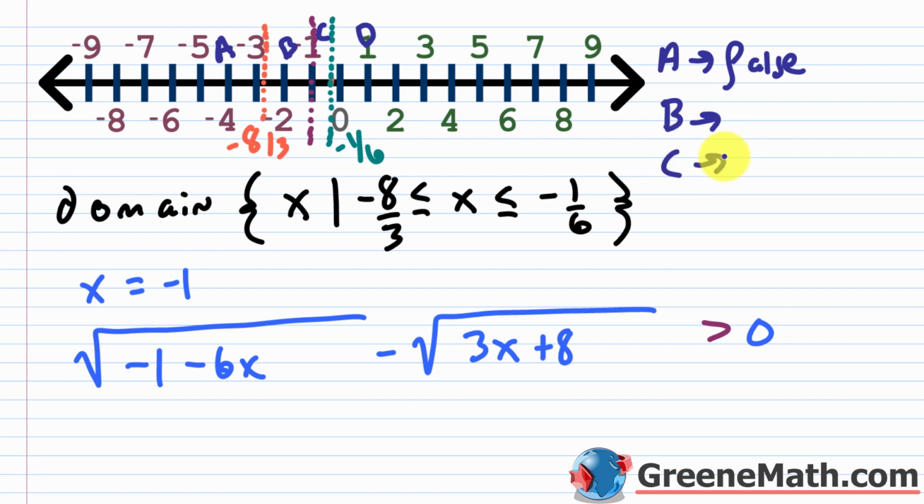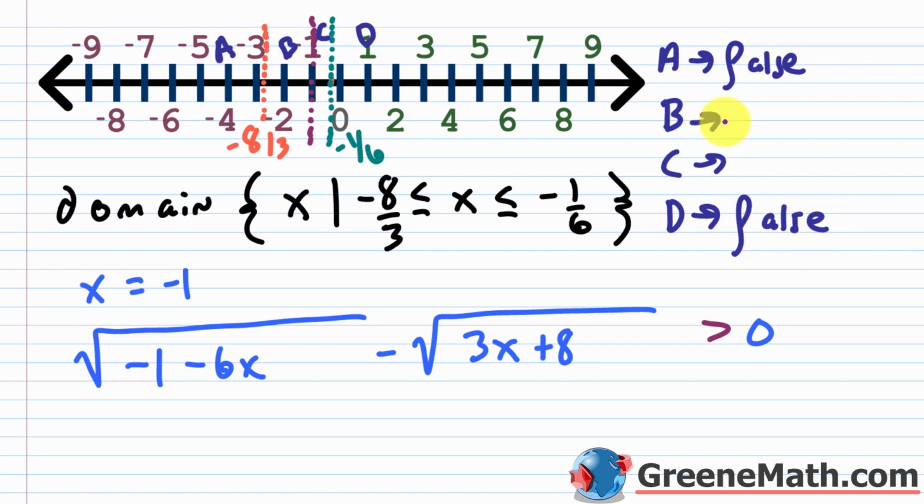Region C, that's going to be between negative 1 and negative 1/6. So we have to test that, right? We don't know. And then for region D, we're going to reject that because that's anything that's going to be greater than negative 1/6. Again, negative 1/6 itself is okay, right? X could be that, but it can't be greater than negative 1/6. So we have to automatically reject that. That's outside of the domain. So we would say that this is false automatically.